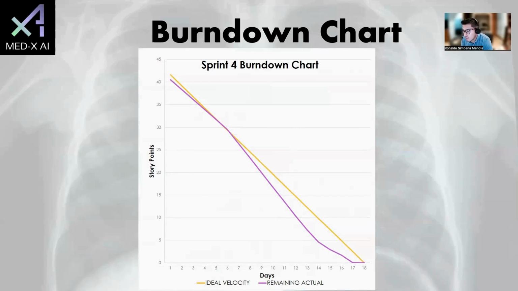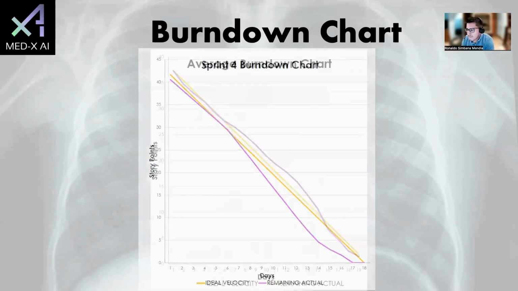And then you see on day 6, that's where we met the ideal line, and then we just kept going, and then we were ahead, and then on day 18 we met the ideal line. But like this sprint, it's been shown that we had worked the hardest, and everything is paying off. Okay, next.